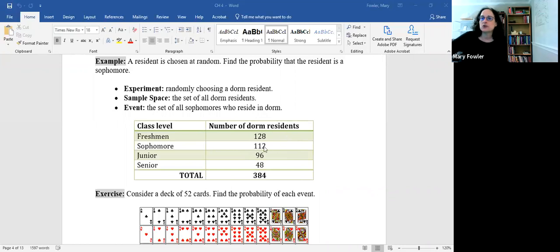It's equal to the number of sophomores, 112, divided by 384. It would be good here to calculate that probability and round it to 2 decimal places, because it's not cards or dice. So we want to express it usually in 2 decimal places. So that would be 112 divided by 384, rounded to 2 decimal places.